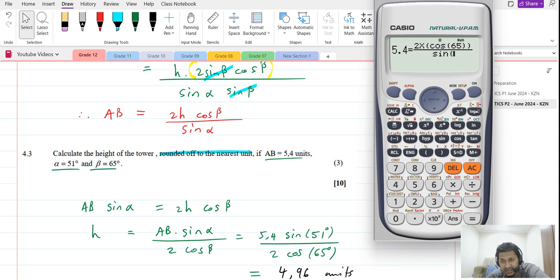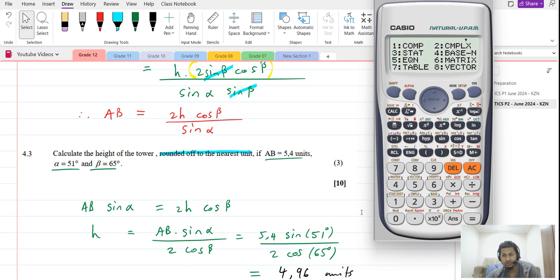What is alpha? 51. Close and press shift, calculate or solve. So solve for x, see we're getting 4.96. So you can type the entire equation as is and solve for equations as well in this calculator.